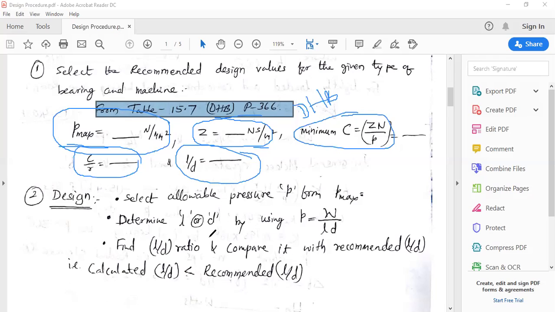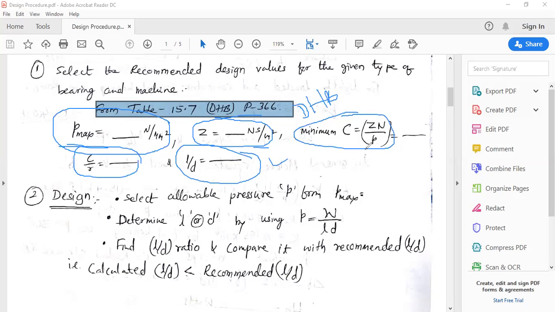Suppose L and D are both the same, then the L by D ratio is equal to 1. If it is more than 1, then it is a short bearing. If it is less than 1, then it is a long bearing. So based upon the ratio, we can decide whether the given bearing is a short bearing, a long bearing, or a square bearing. So these are the values that we have to list out.